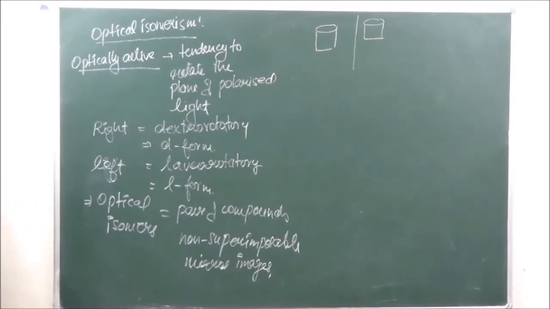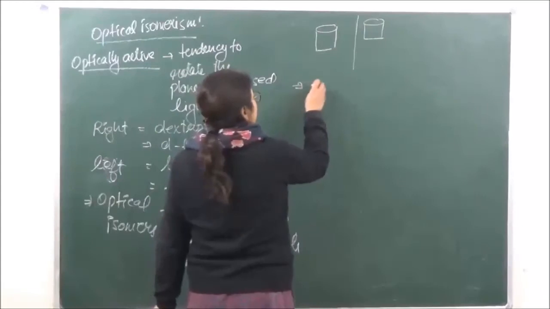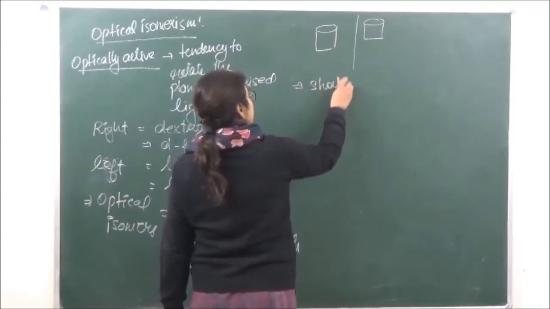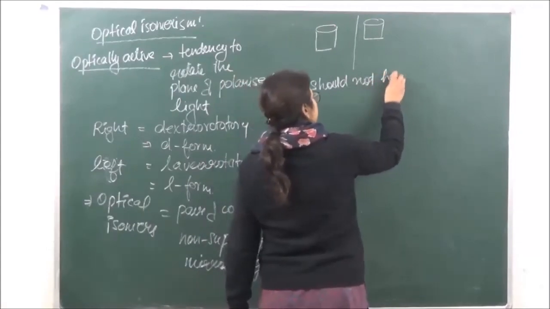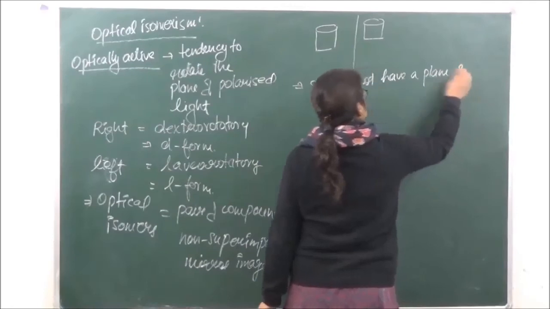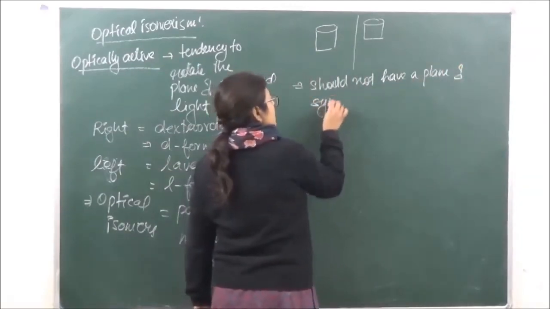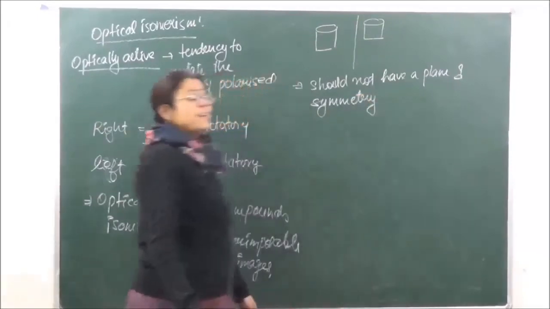Then the essential requirement for any optically active substance is that it should not have a plane of symmetry. Now what is a plane of symmetry?